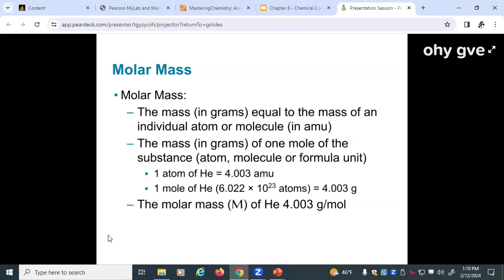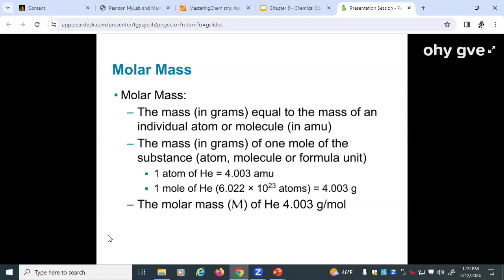Of more use to us is the molar mass. That molar mass also comes off the periodic table. It tells us that that same helium, 4.003, if the unit is grams, that's how much a mole of that atom weighs.